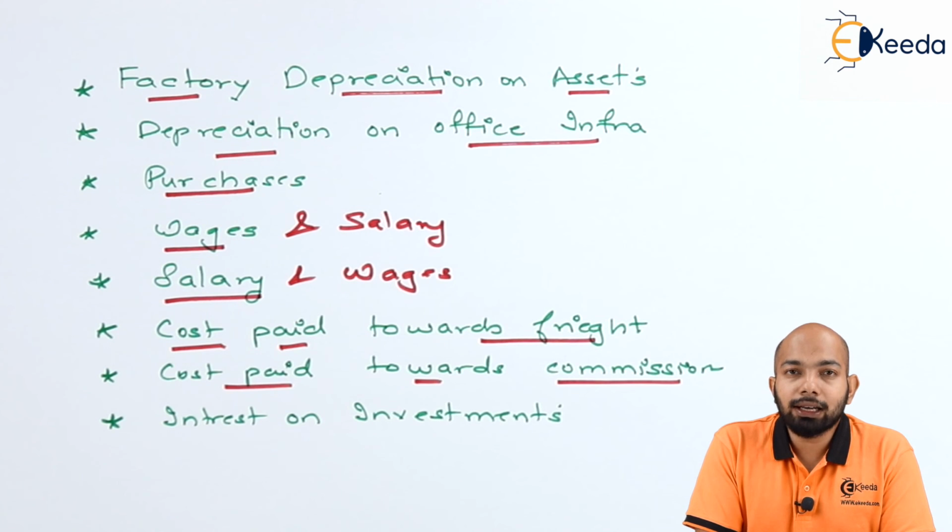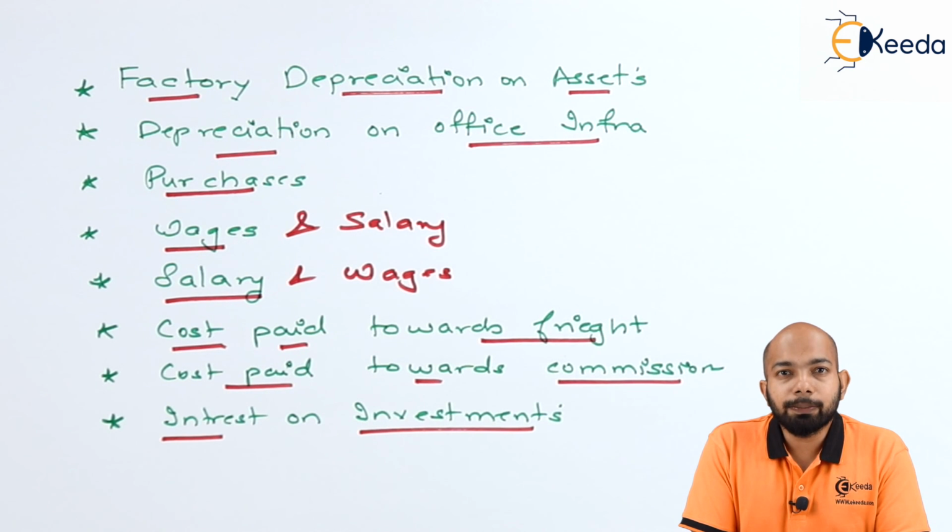Now let's look at the last item which has been mentioned under classification. Interest on investment. Is investment or probably investing into things your operating activity? No, it isn't. Preparing things or manufacturing goods is something that you do. Despite that, if you have made certain investments and if you are getting interest on that specific investment, that will be a non-operating either expense if you have paid on it or income if you have received it.